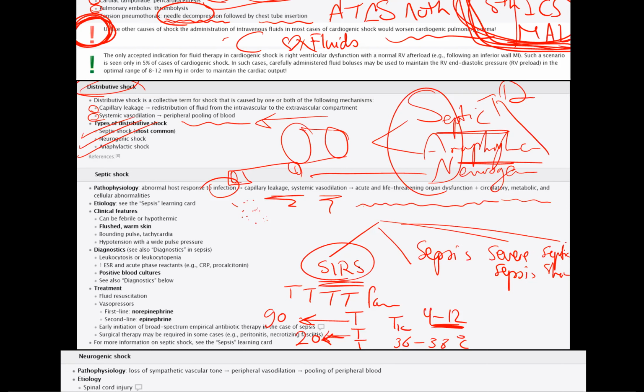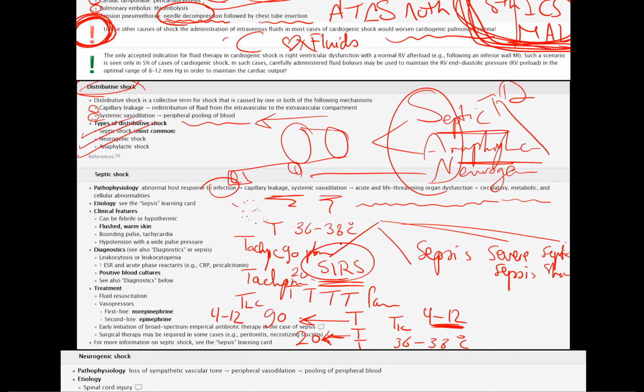Temperature outside the range from 36 to 38 degrees Celsius. Tachycardia, more than 90 beats per minute. Tachypnea, not tachycardia, more than 20 per minute. TLC, total leukocytic count, outside the range from 4 to 12,000 cells per cubic millimeter.